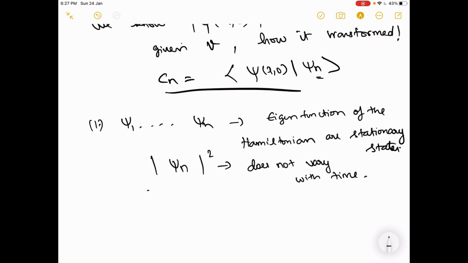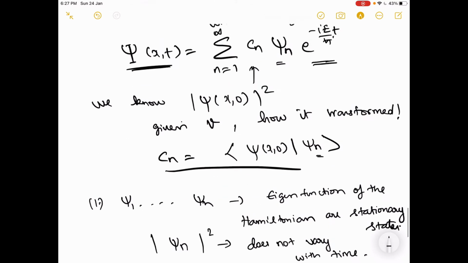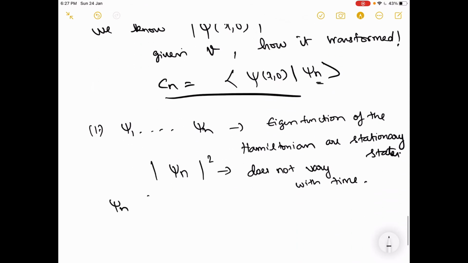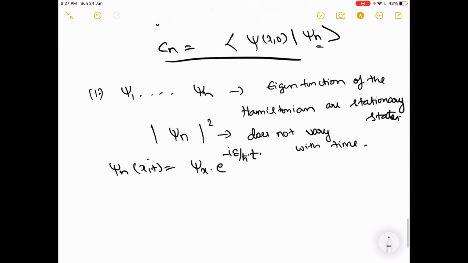It's easy to see because here psi n of x comma t is assumed to be psi n of x e power minus iE by h bar t, right? And how do we find the modulus psi n square?